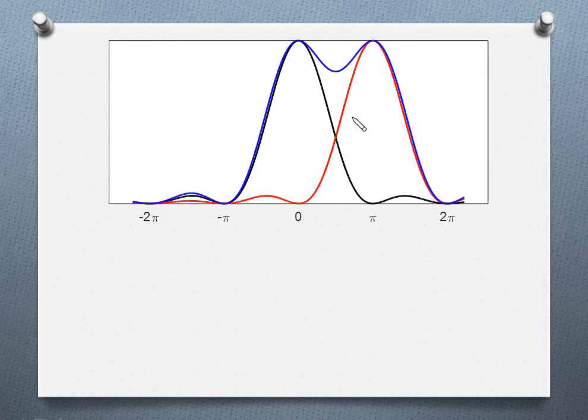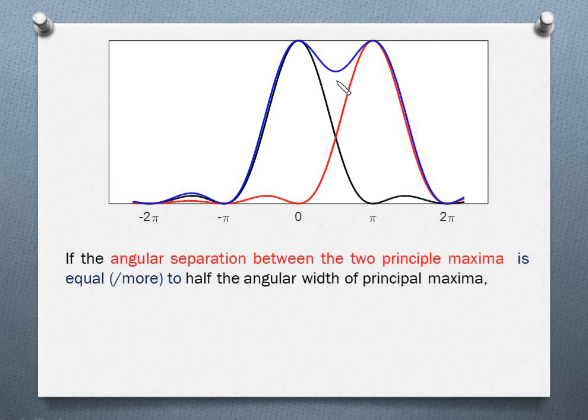This is what the resultant pattern will look like. It will have a dip here, and on this resultant pattern you can easily find two maxima and a dip, so it indicates two objects. These two distances are exactly equal; that is, the angular separation between these two is half of the angular width of the principal maximum.